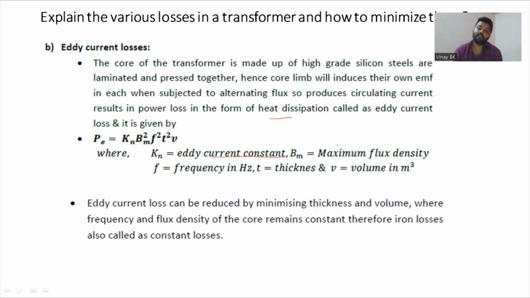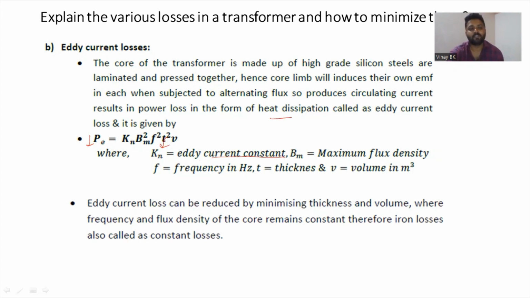So how can you reduce the eddy current loss now? By minimizing the thickness of the core, you can reduce the eddy current loss, where the frequency and flux density remain constant. Therefore, you can also call these iron losses constant losses.